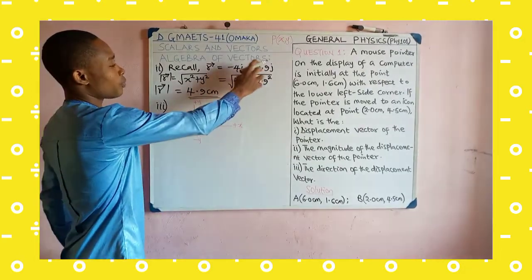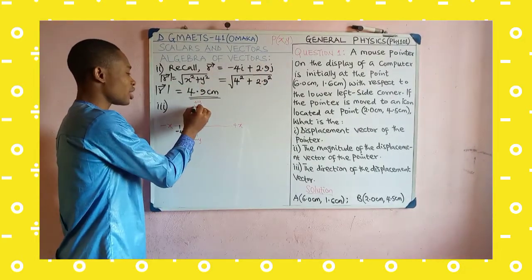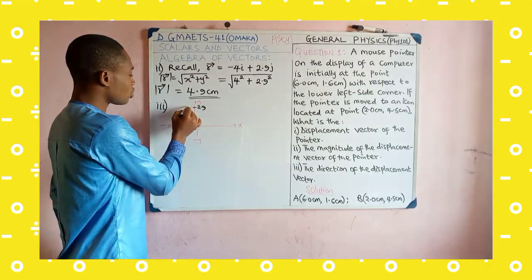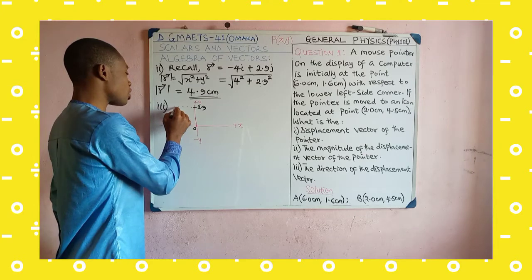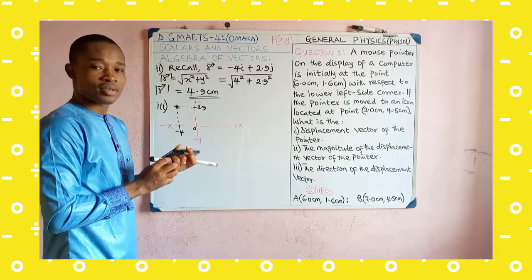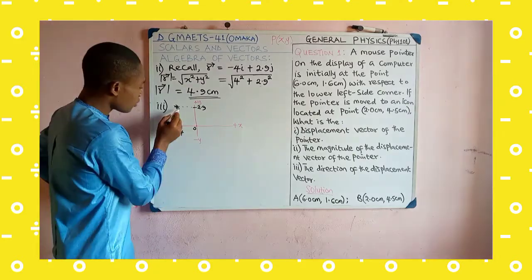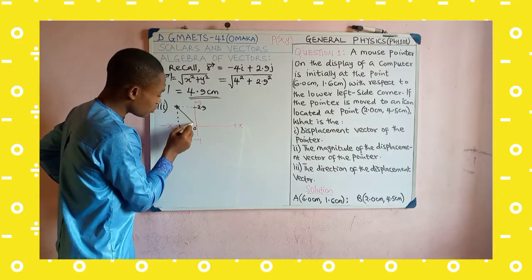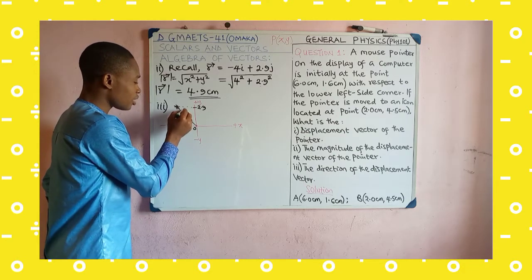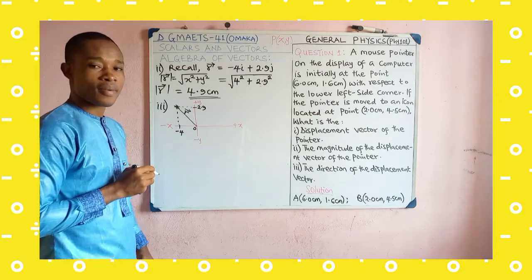Then the y component is positive 2.9. Let me locate here as 2.9. Do you take note that if you trace up this point to locate your displacement vector, it's going to be here? Does that make sense? So the displacement vector, if I join it to the origin, good. This is the R, the displacement vector R.